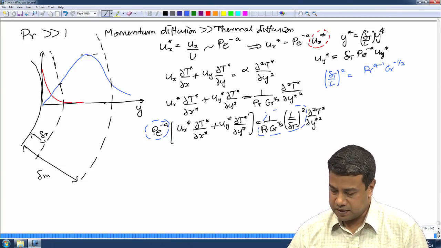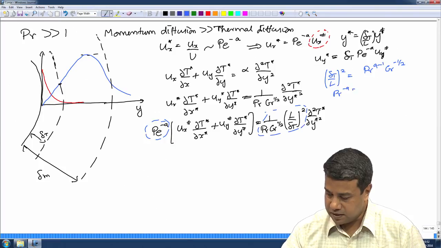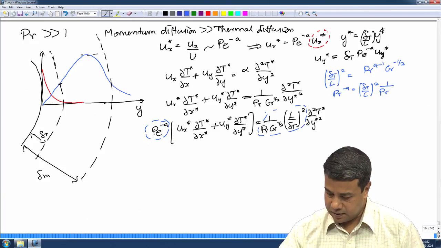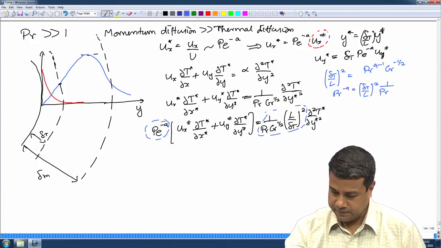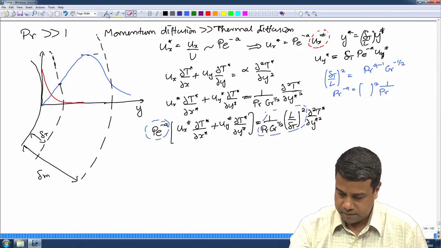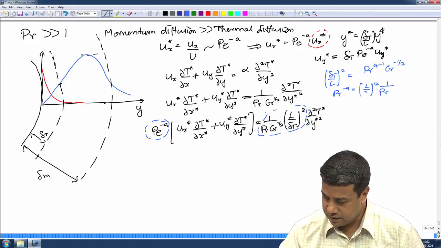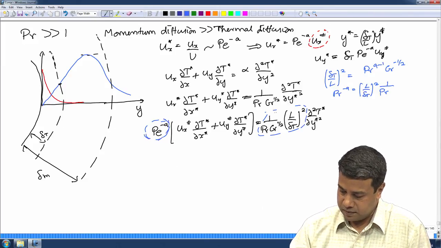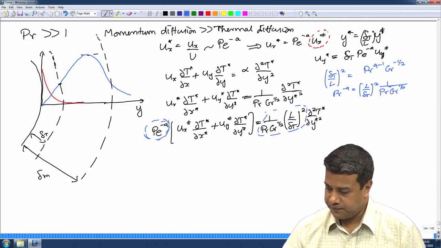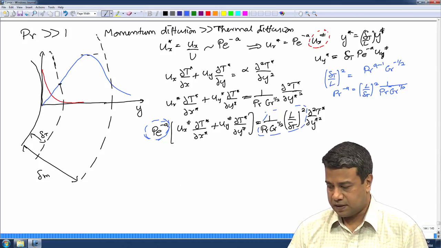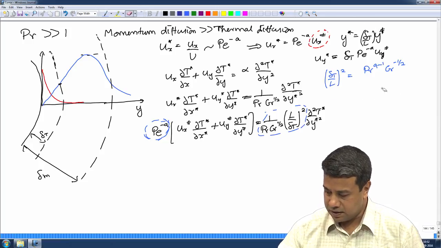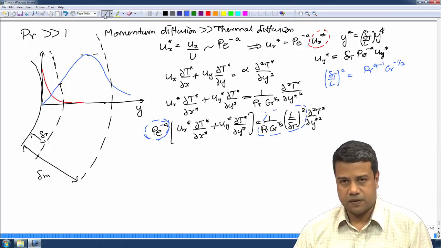Just by balancing these two, because I know that Pr to the power minus a is equal to L by delta t the whole square into 1 by Pr Gr to the half. I take it to the other side, and I will get this relationship. One relationship between delta t by L the whole square, the Prandtl number, and the Grashof number.